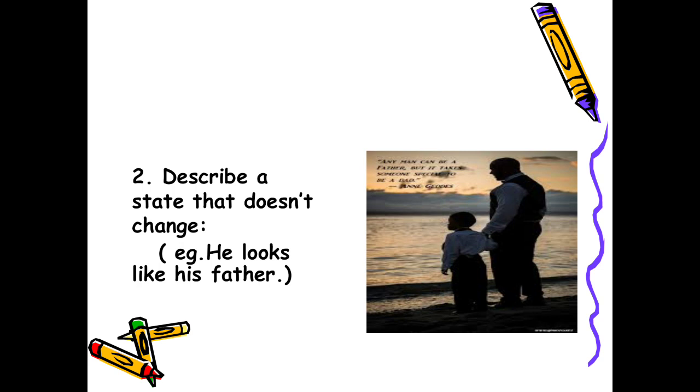With the mountains and the volcanoes or anything which is not going to change but is static, the action is static. He looks like his father. The mountains are standing high. All these indicate a state. So you will be using the simple present tense when you're describing a state.